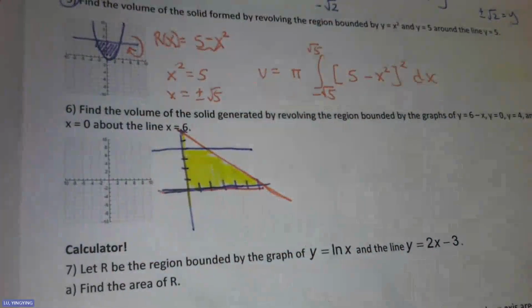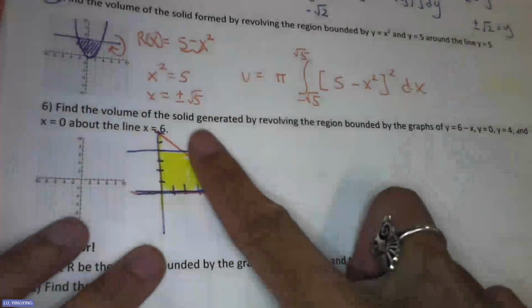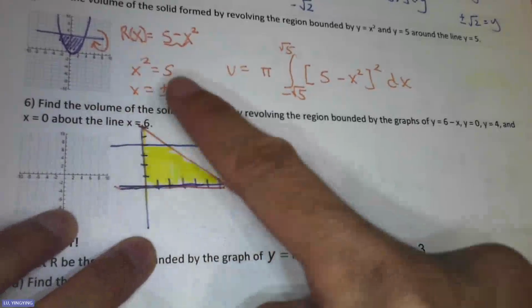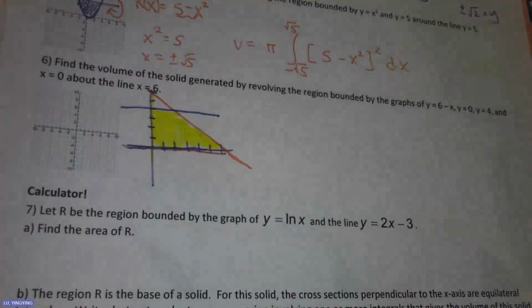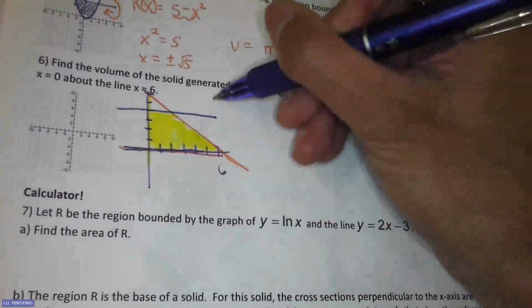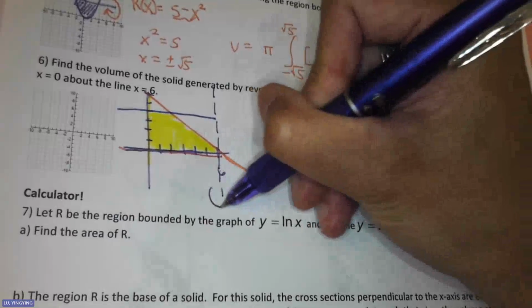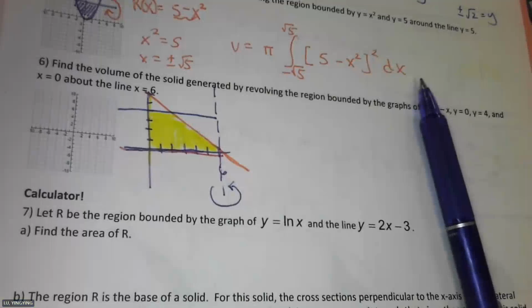All right, how do we want to rotate this thing? We want to revolve this region about the x equals 6 line. So again, draw the axis of rotation. x equals 6 is a vertical line at 6. This is the rotation, this way. Now you have to start to think.